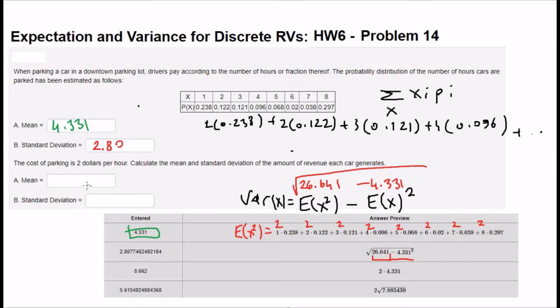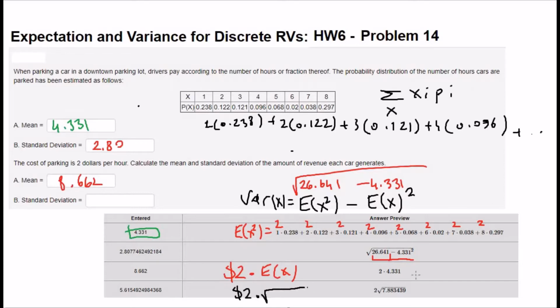Now the cost of parking is $2 per hour, so if we multiply 2 times the expectation, $2 times the expectation will give us the answer, which is 8.662. And the standard deviation for this will be $2 times the standard deviation.